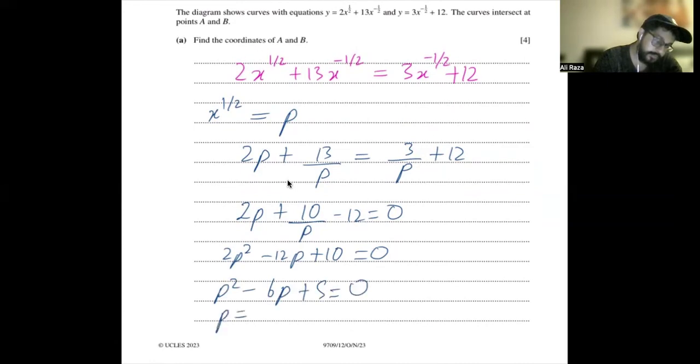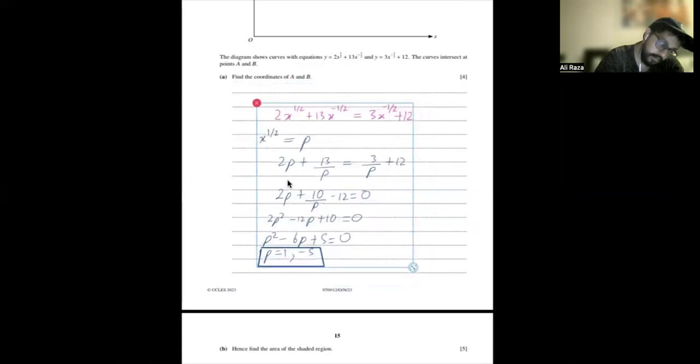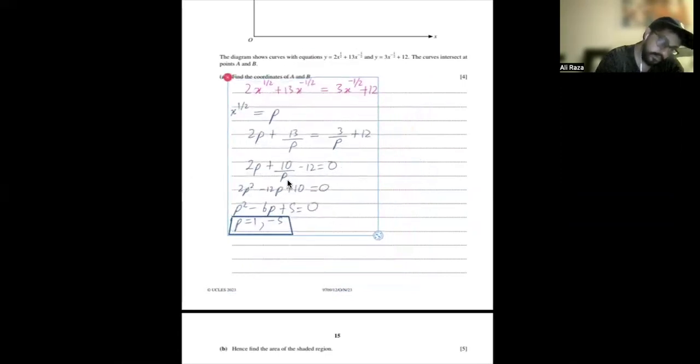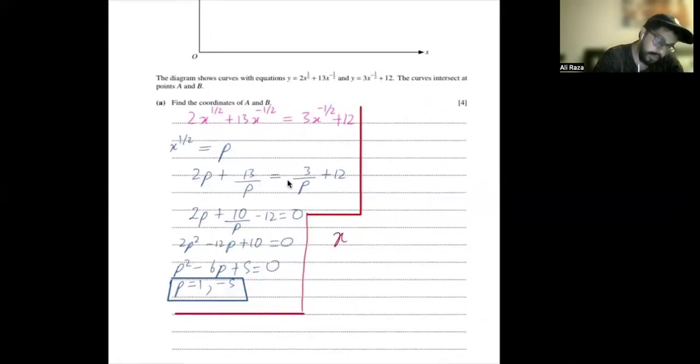p is equal to 1 and minus 5. Now, x power 1 over 2 is equal to 1 and minus 5.